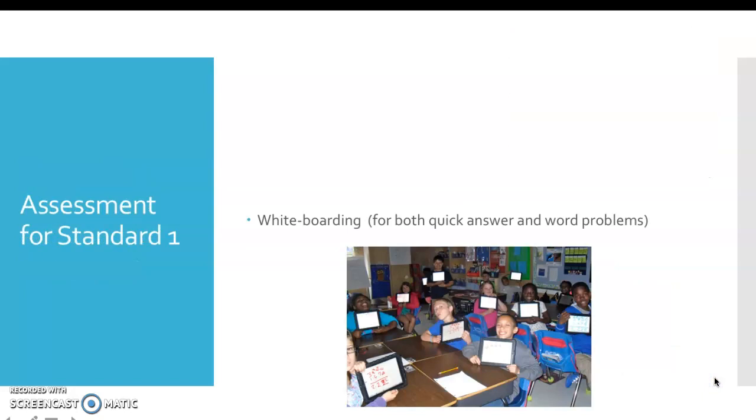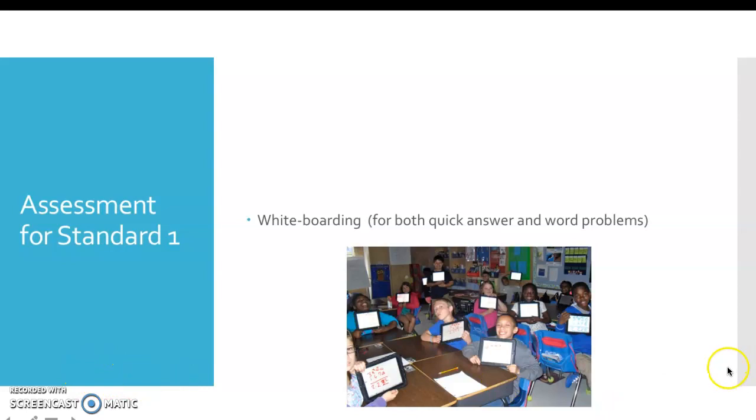A formative assessment that I would use for standard 1 is something that I use quite often, and that's whiteboarding. I think whiteboarding is the quickest and most efficient way to basically see if students have it.